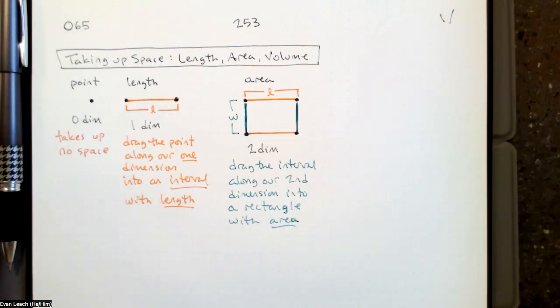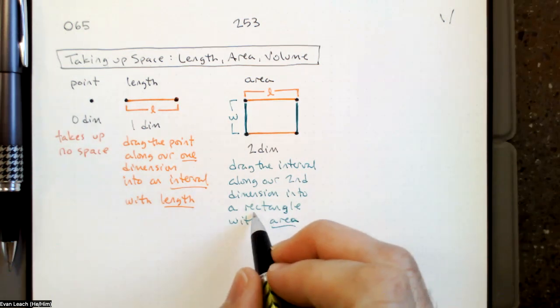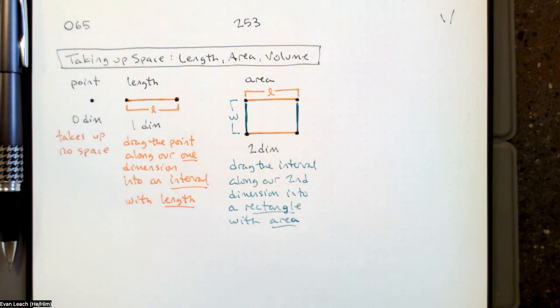Our rectangle is just two intervals. To find the area, we just multiply the length times the width.